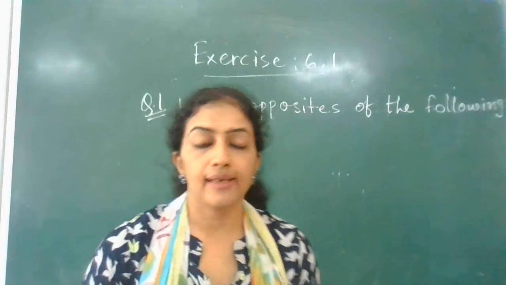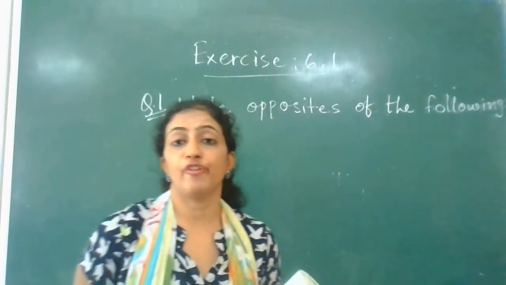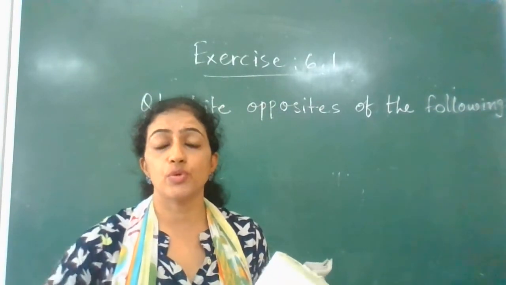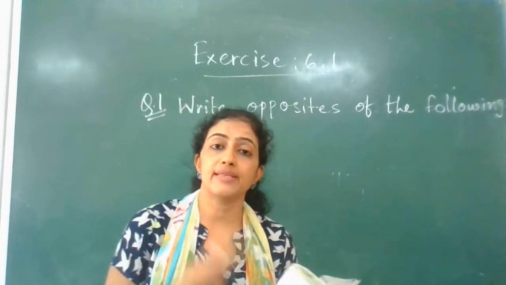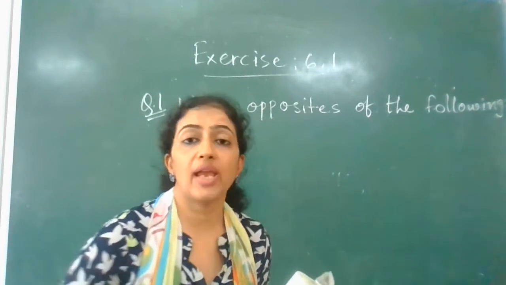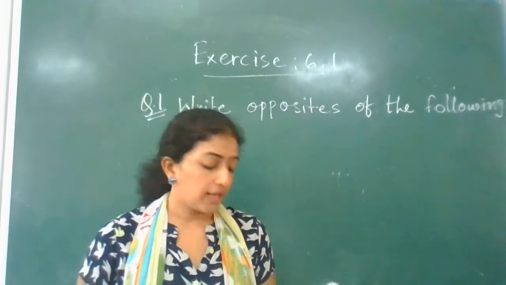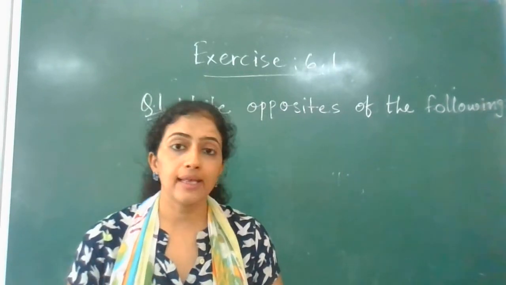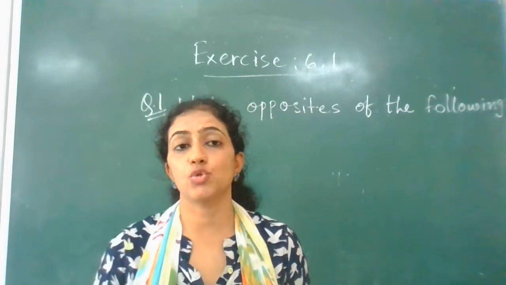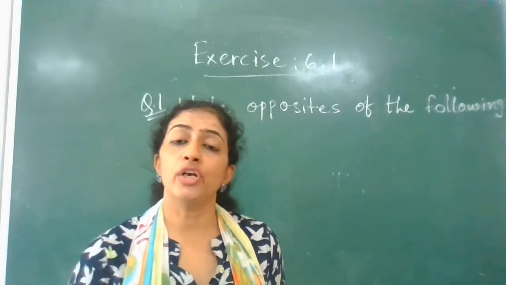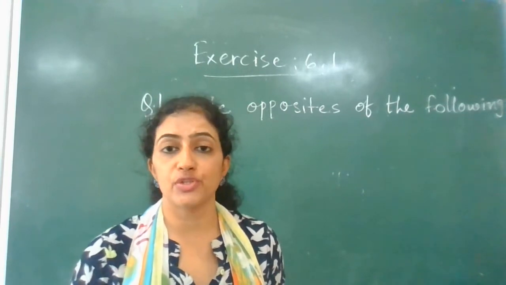When we are saying write opposite of the following, opposite means you have to see its opposite word. The way it is presented, its opposite way you have to present. Okay, see, indicating with the appropriate sign and writing its opposite is two different things. Here you just have to write its opposite.